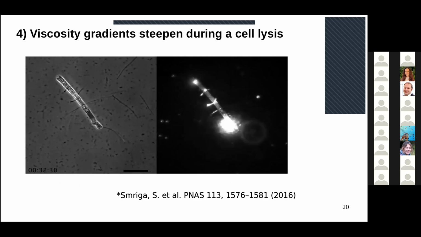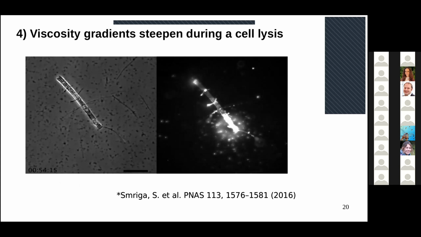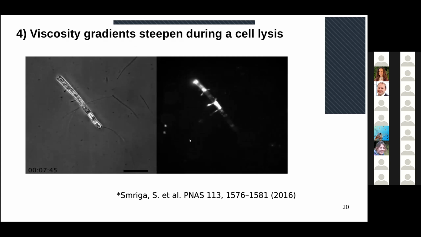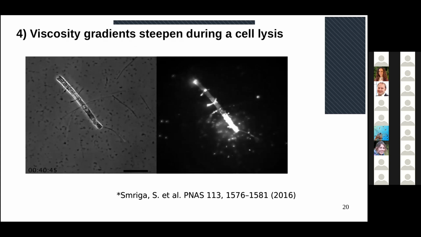This is a video from a really nice paper from Smriga in 2016, where they used UV light to induce the lysis of a Chaetoceros cell, and then they could see how immediately, when it released all its content, all the bacteria would swarm around the lysed cell.